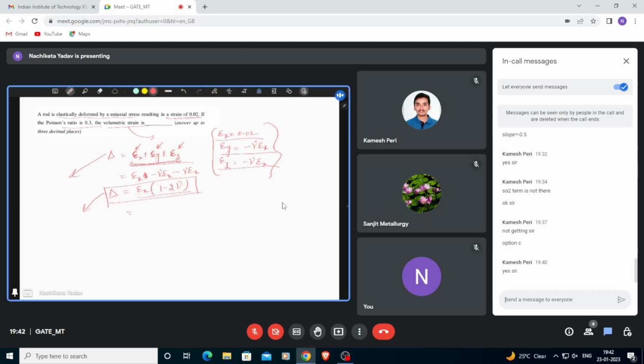So it is 0.02 times (1 minus 2 gamma), with Poisson ratio given as 0.3. This is the volumetric strain.